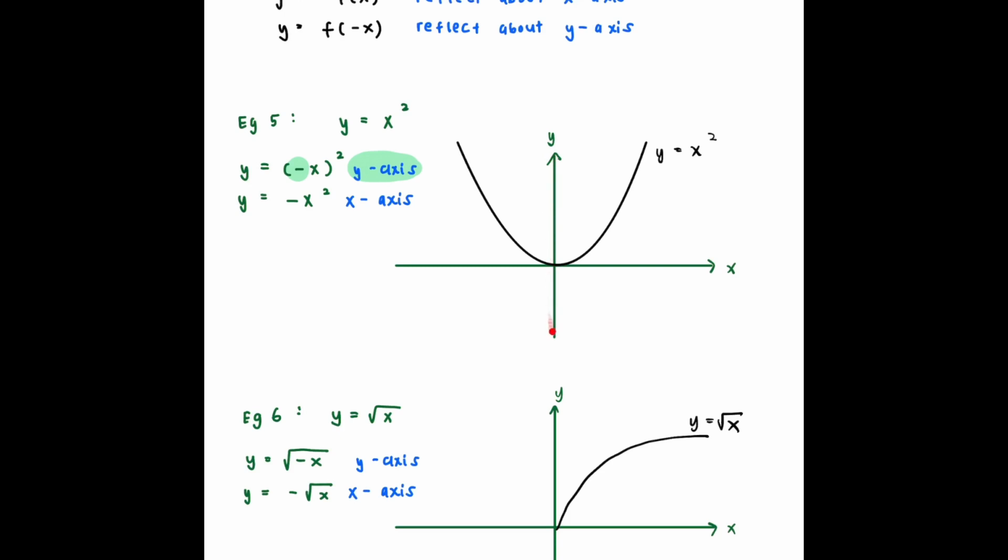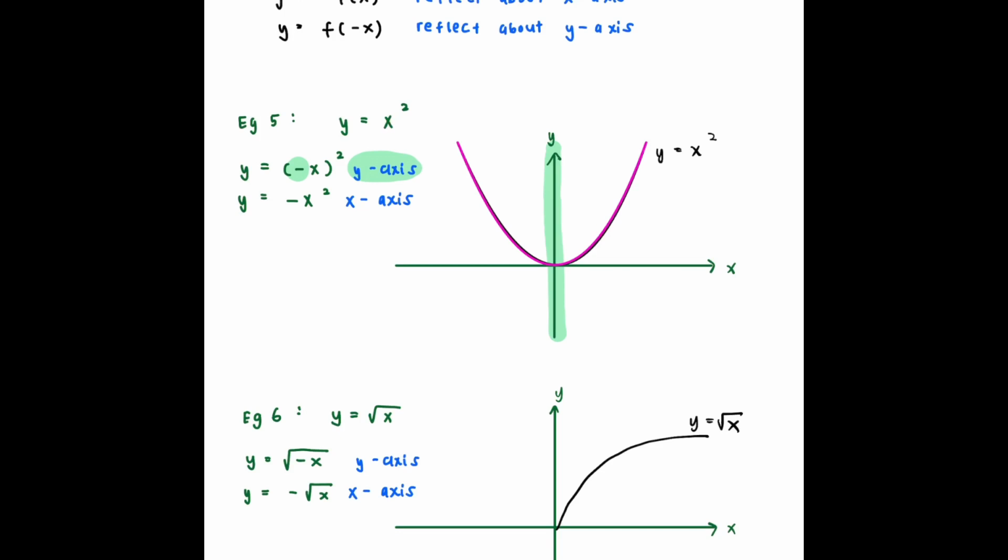So what is the new graph? Imagine that the y-axis is your mirror. So the new graph will be equal to the original graph, because you are reflecting your graph about the y-axis. If you expand, actually (−x) squared will be x squared. So that's why the graph is equal to the original function.